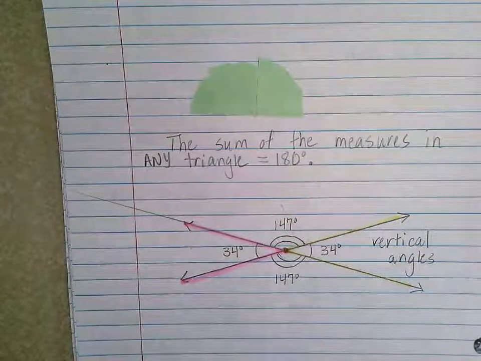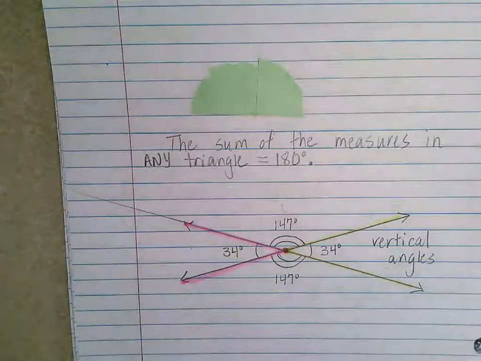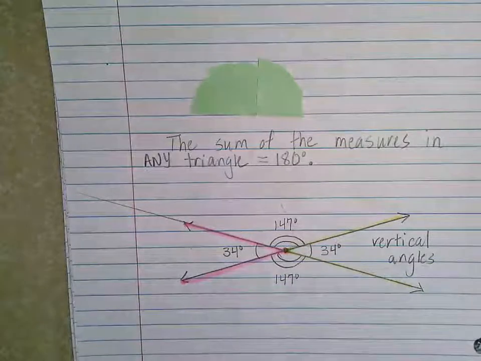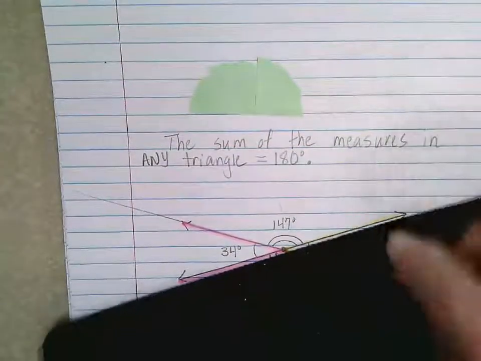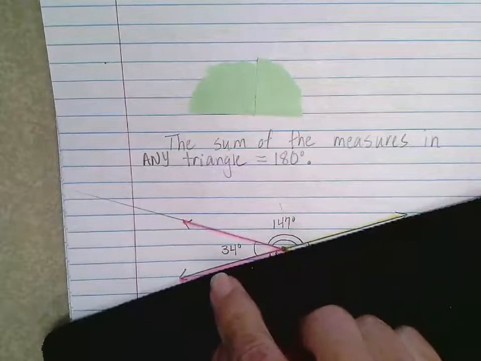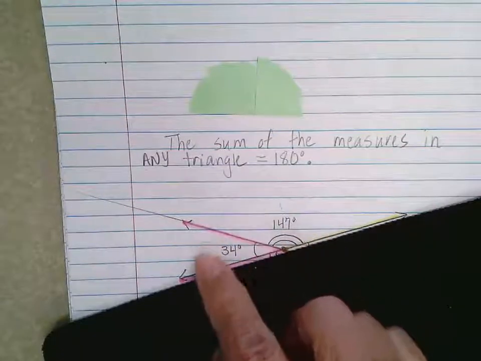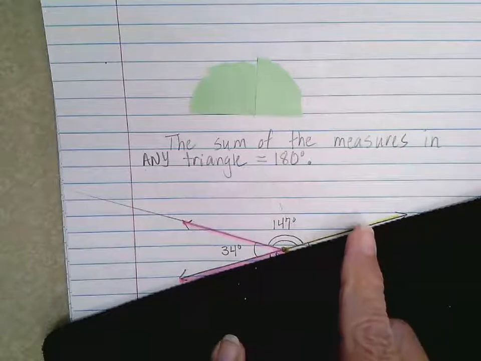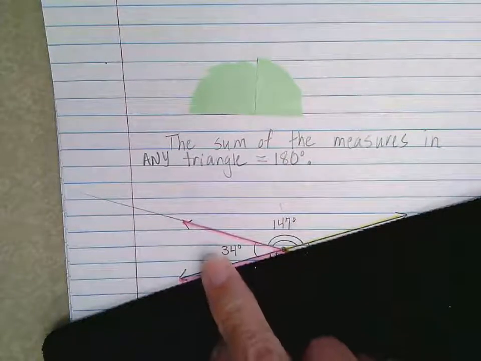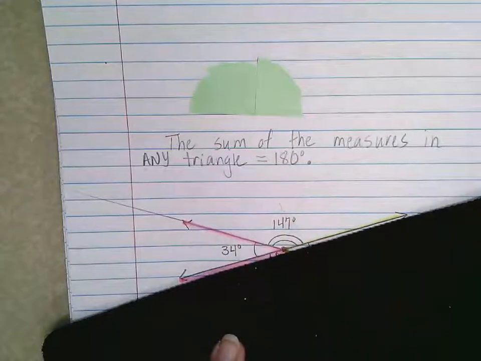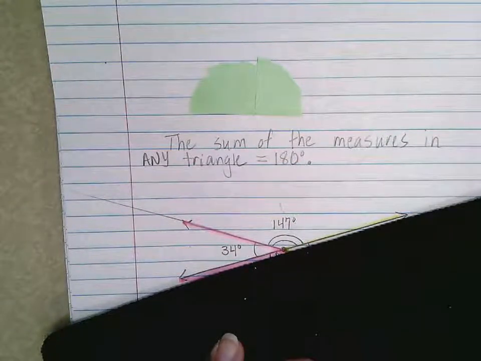The other thing I can see is that when I drew those intersecting lines, when I look at just this line itself from the video, we talked about the fact that when you have a straight angle, the sum of the angles should equal 180.